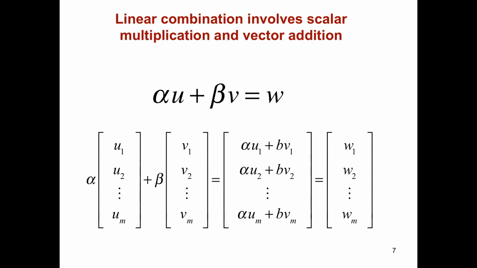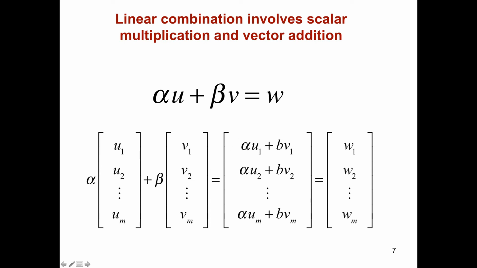And then when I put them all together, I could have a linear combination of two vectors. If I had a scalar alpha and a scalar beta, and I had two vectors u and v, I can get a linear combination alpha u plus beta v by multiplying each element of u by alpha, and each element of v by beta, and adding them up.